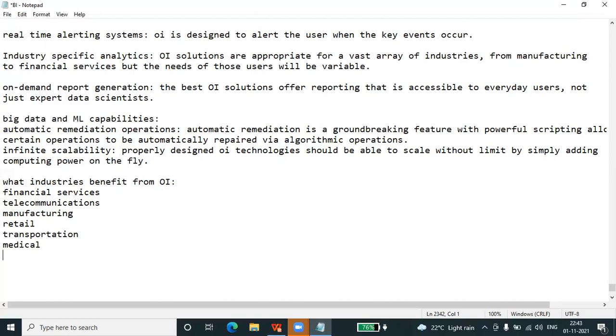Whether it is ensuring e-commerce website uptime or analyzing sales patterns to locate trends, operational intelligence has exceptional utility in trend-driven retail environments.